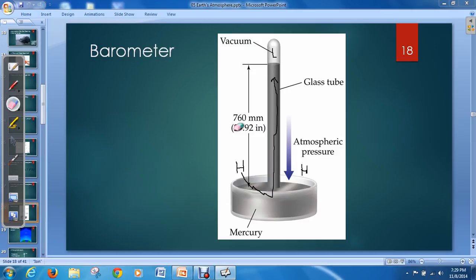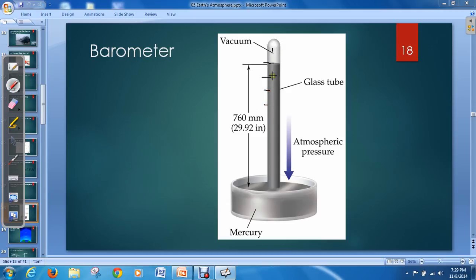Based on how strong this pressure is on the outside, and how high this mercury goes, we can tell what the atmospheric pressure is for that day or for that altitude, because this will go up and down. As it goes up and down, we can say, this point would be 14 psi, and this point would be 15 psi, and this point would be 13 psi and 12 psi or whatever it is.